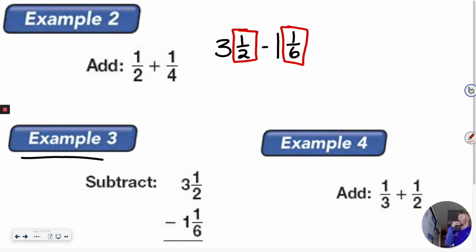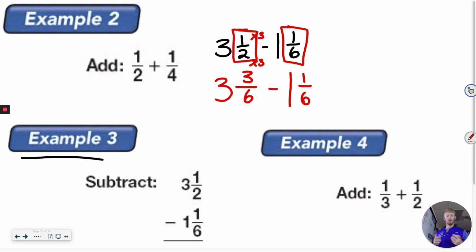So 1/2 and 1/6. How do I get those to be the same denominator? Well, I can multiply 1/2 times 3 on the bottom and times 3 on the top, and that'll give me a 6 on the bottom. So I'll do that. So now I'm going to rewrite it as 3 and 3 over 6 minus 1 and 1 over 6. Now that makes it a little bit easier. Now you can subtract this like you normally subtract mixed numbers.